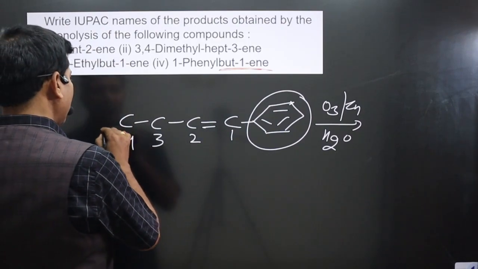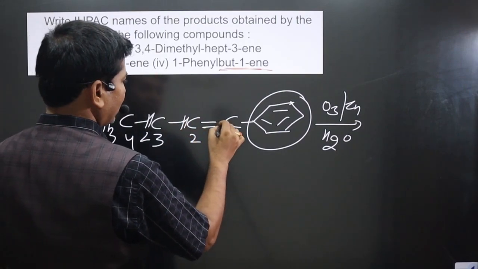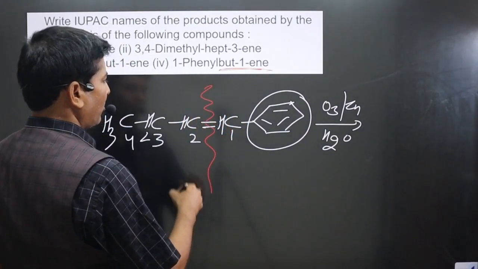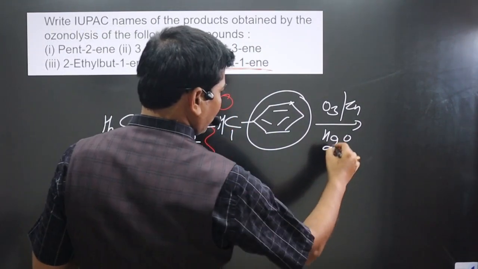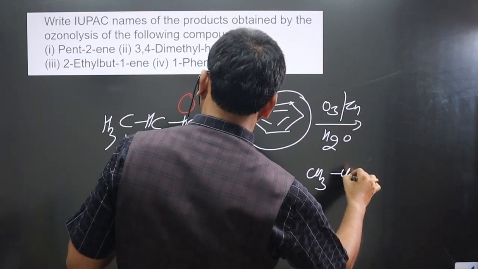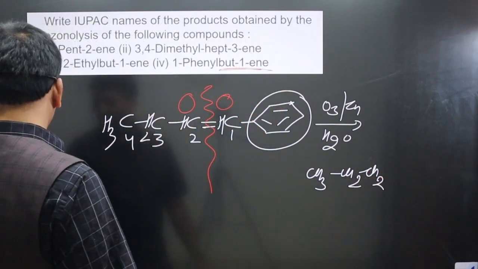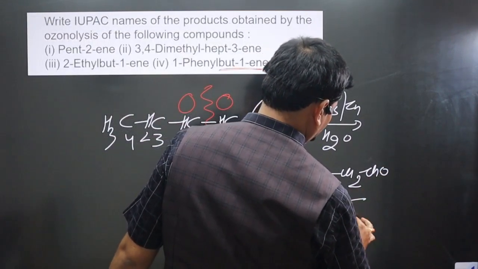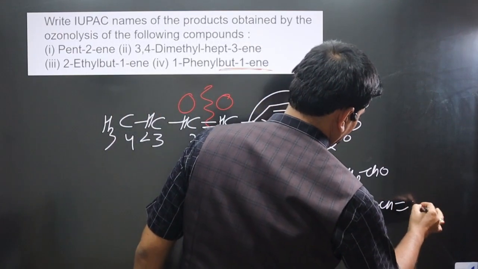The double bond is present, satisfy the valency: it is H3, it is H2, here we have H and it is also H. Break this double bond, attach oxygen on this side. So we got the product CH3 CH2 CH2. No, sorry, we have CHO. Then we have the benzene ring, and to this CH we attach oxygen.